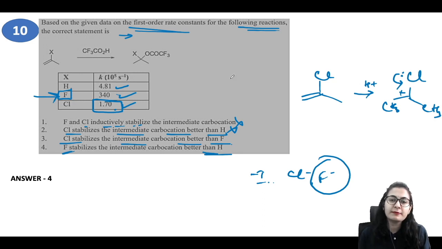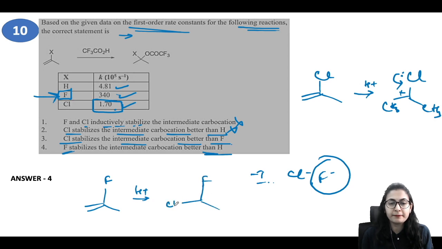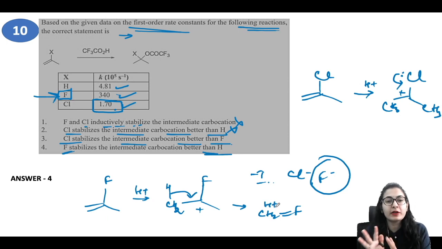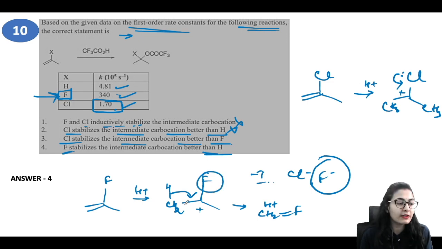And I have a mechanism to explain this very easily, very clearly, that let's say this is your fluorine compound and it is accepting a proton and it's absolutely going to give you this kind of a carbocation like this. But if we are talking about hyperconjugation, then fluorine is able to do it best. CH2 double bond F, H plus, by hyperconjugation stability or by minus I effect also. It can pull the electron density. Fluorine can pull the electron density from this particular carbon and hydrogen bond.